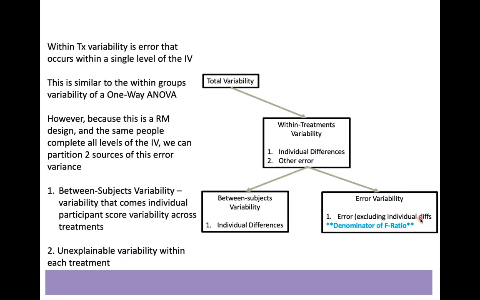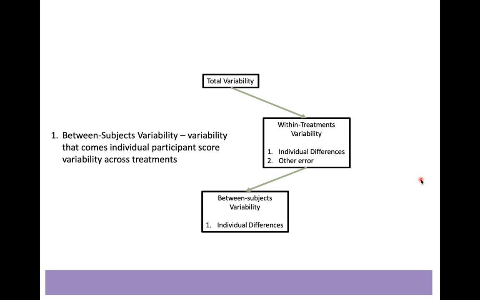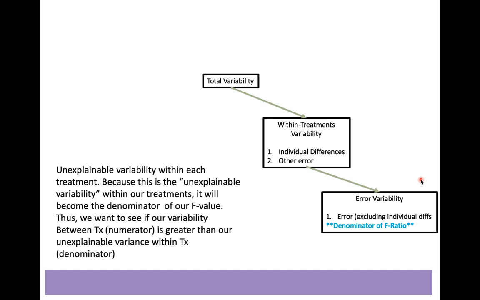What does within treatments variability mean? What does it mean to divide it into two sources? What are these two sources and why are they important? So those slides just sort of go through and spell out in words all the stuff I just said in case you need to read through it and take your time visually.